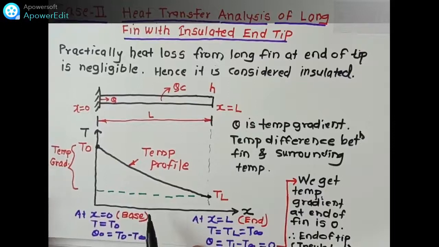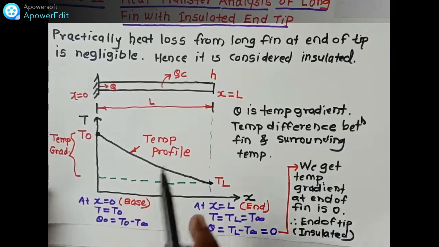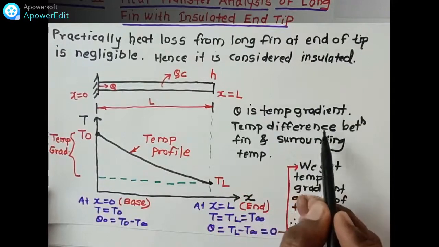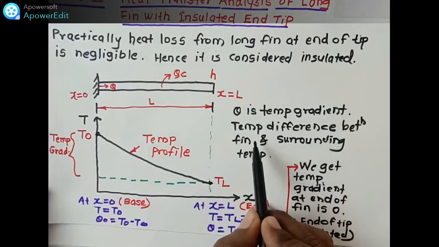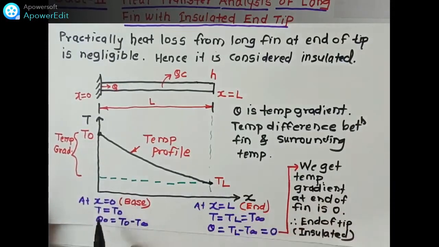Now here at x is equal to 0, means at the base, we say the temperature of the fin surface is T0. Now in this case theta is the temperature gradient, means the temperature difference between the fin surface temperature and the surrounding temperature. So at the base this theta we will show by theta 0. So what will it be?